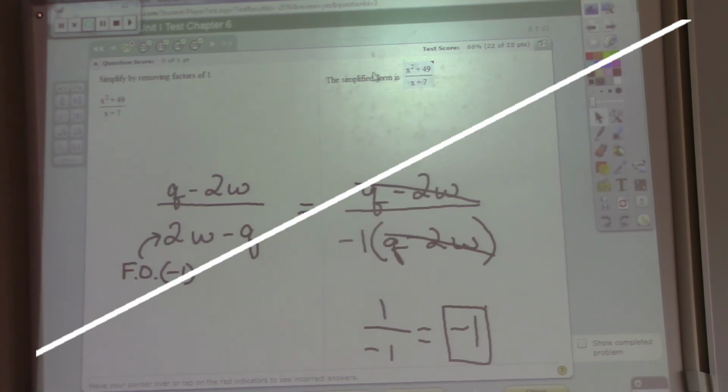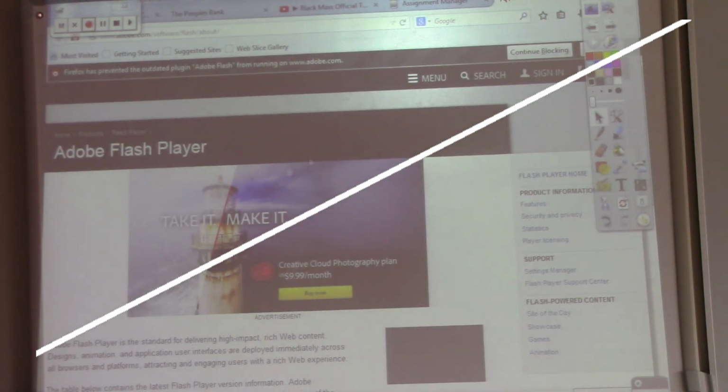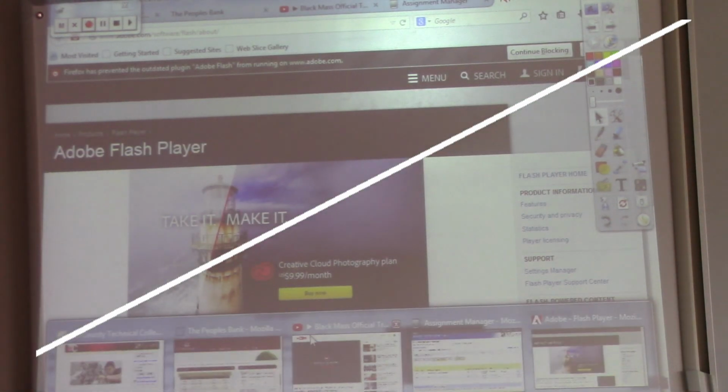I legitimately got that one wrong. Be careful on that one. You need to mark that one. Well, we still made a 90-something. Or 92.